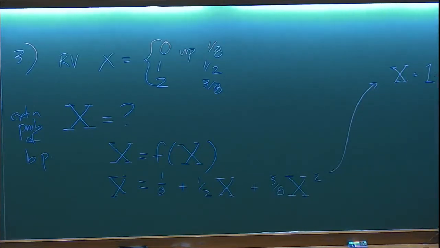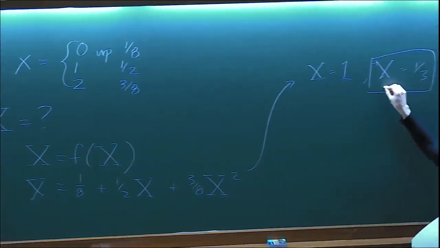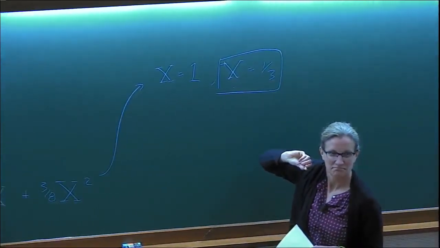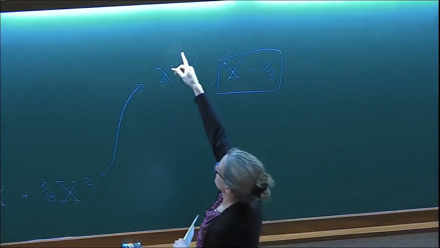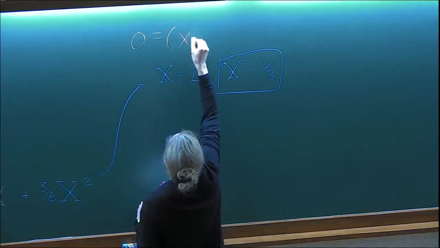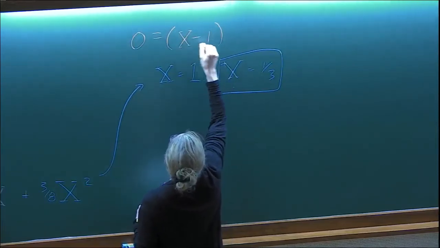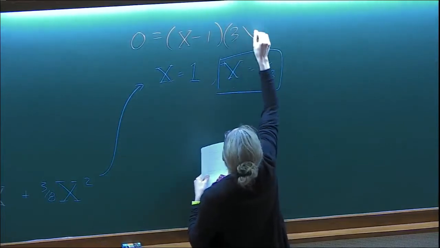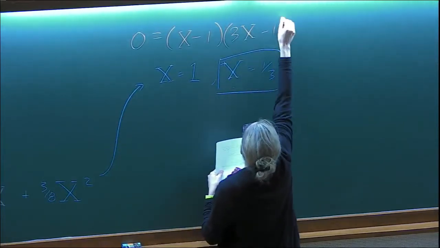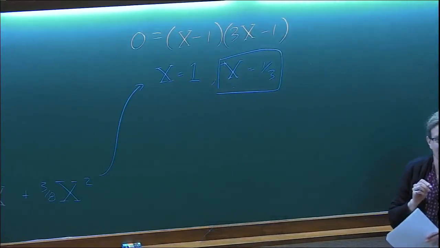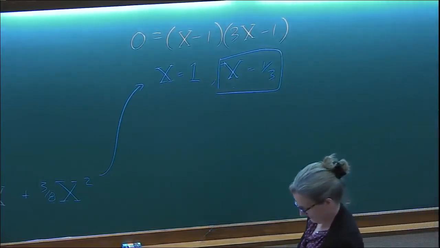And then you take the smaller value, that's your extinction probability. Here we're going to get 3x minus 1, right? Okay, good.